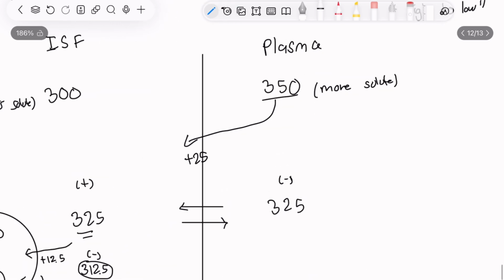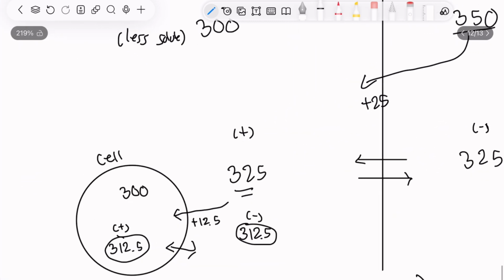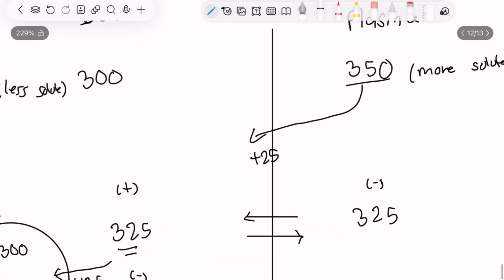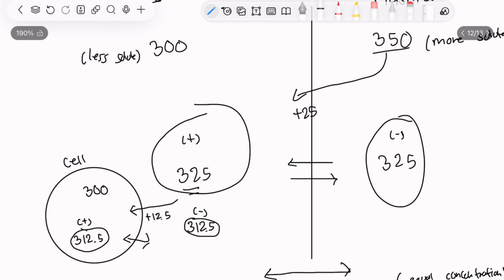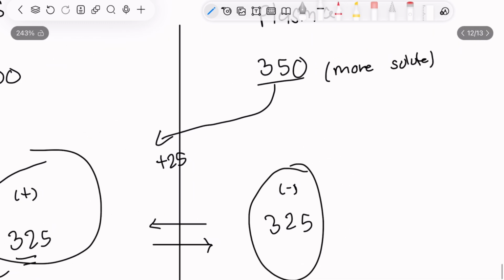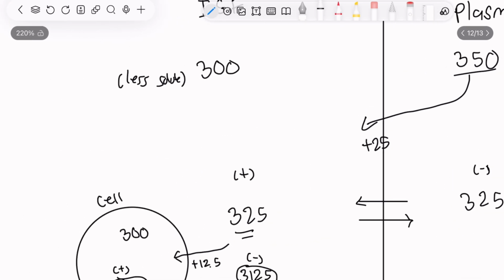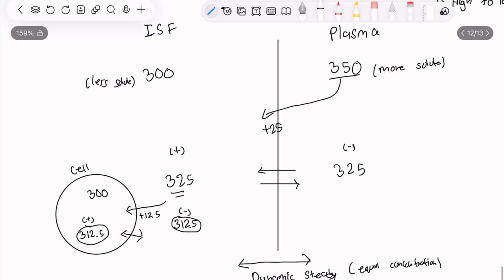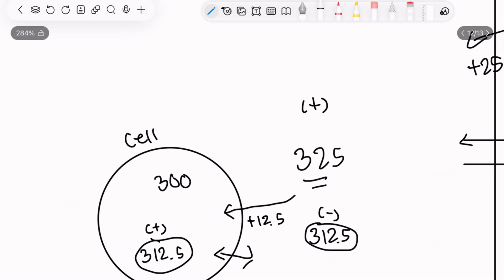So in plasma, as you can see, it has more solute. Therefore, it will give the ISF 25 to equilibrate plasma and ISF together. And now, as you can see, there's 325 here, and there's 325 here. In plasma, it lost 25, whereas in the ISF, it gained 25. But we're not done yet, because the ISF is not in equilibrium with the cell.